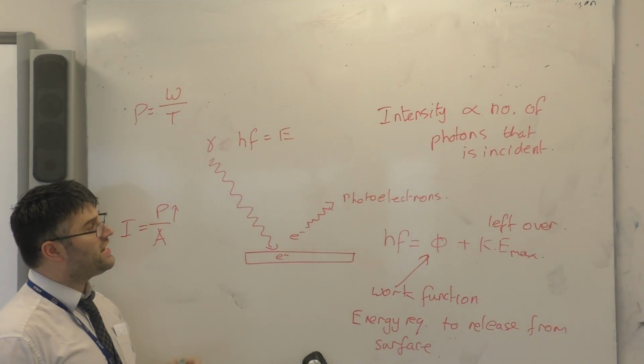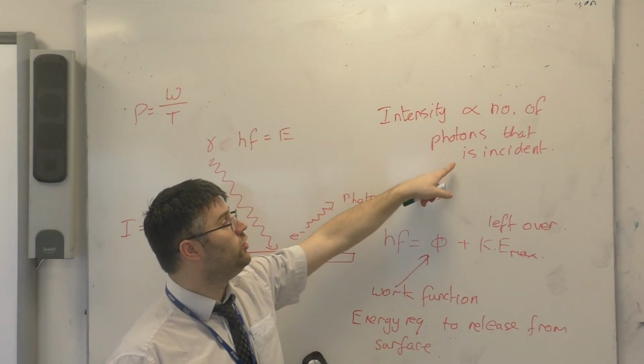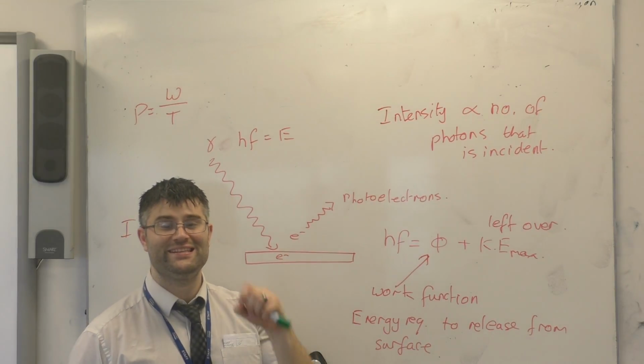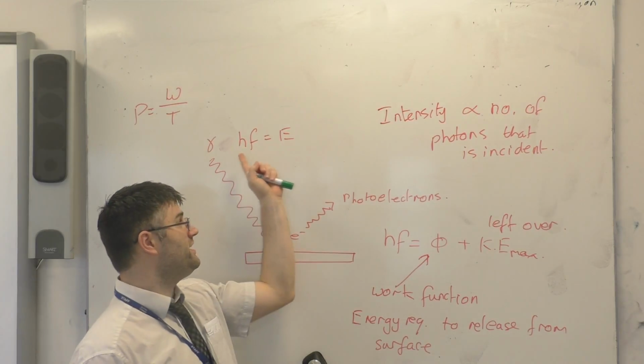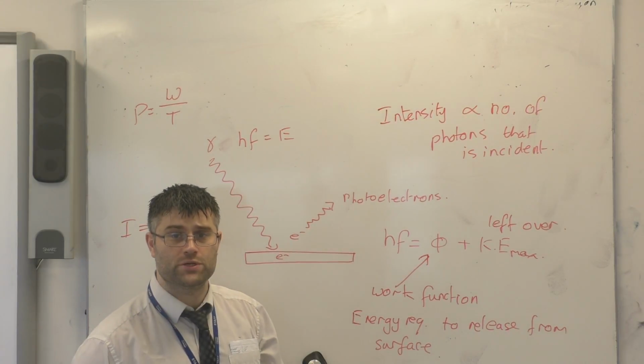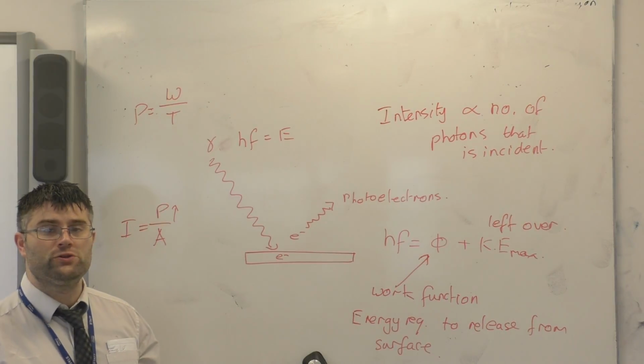So the point is that the intensity is dependent on the number of photons, not the frequency. Intensity is not related to the energy, and hence the frequency, of those photons. So that's a brief rundown of the photoelectric effect.